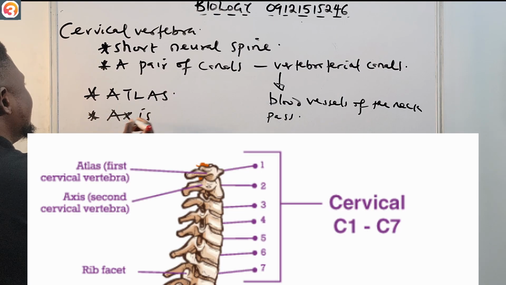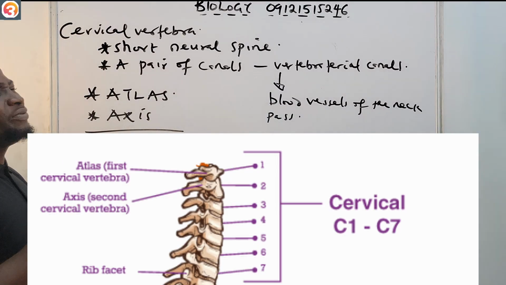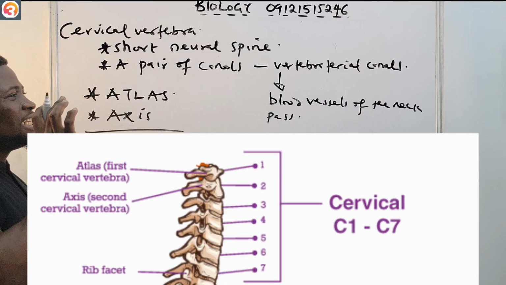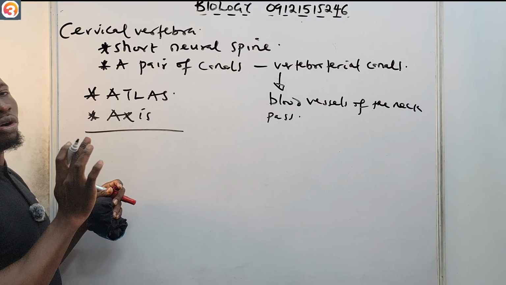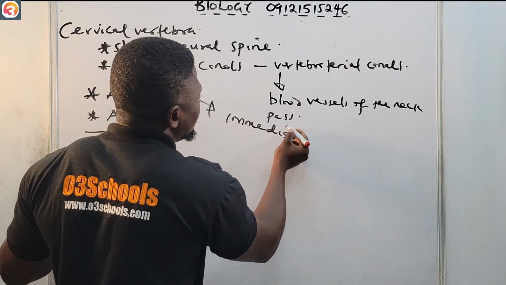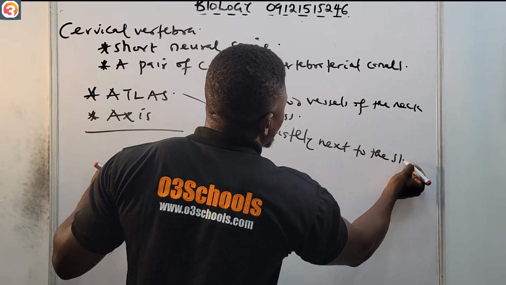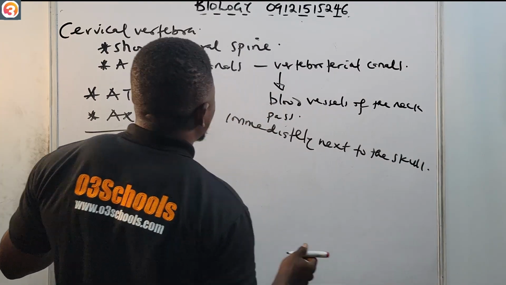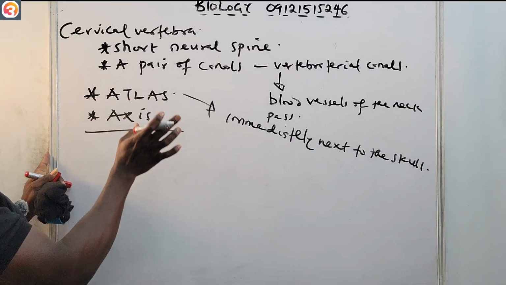The atlas is the one that is immediately next to the skull, very close to the skull. The axis is the one that is next after the atlas.